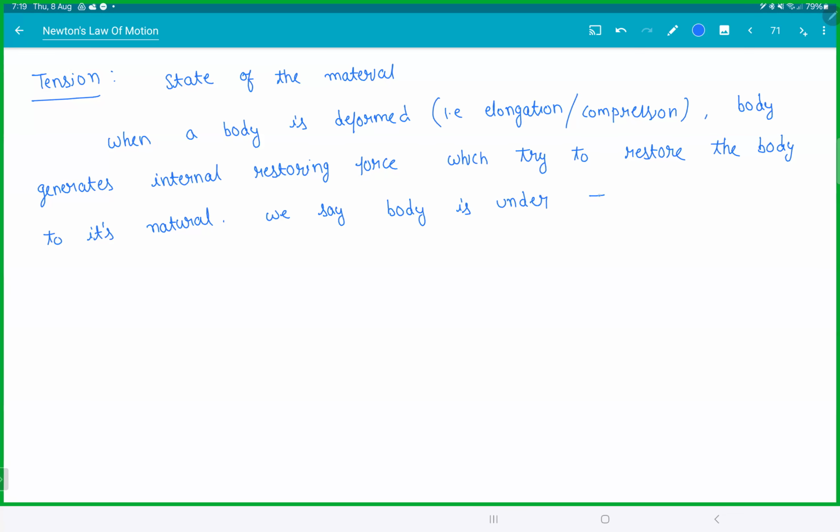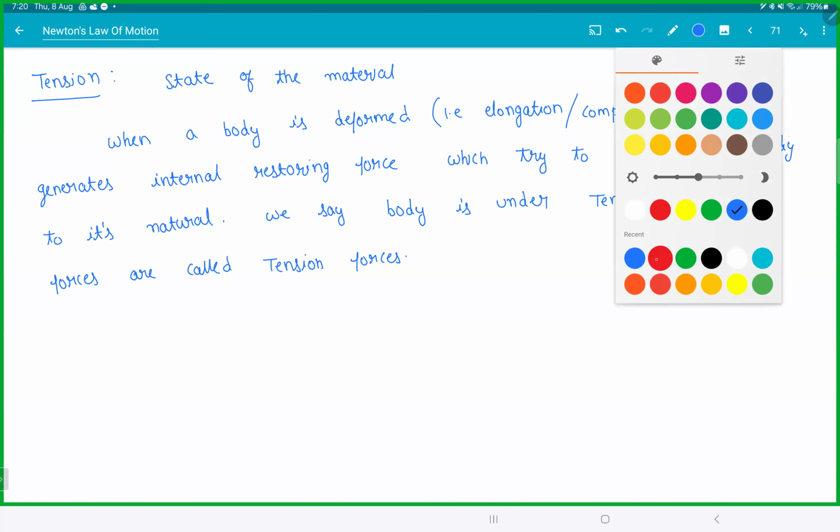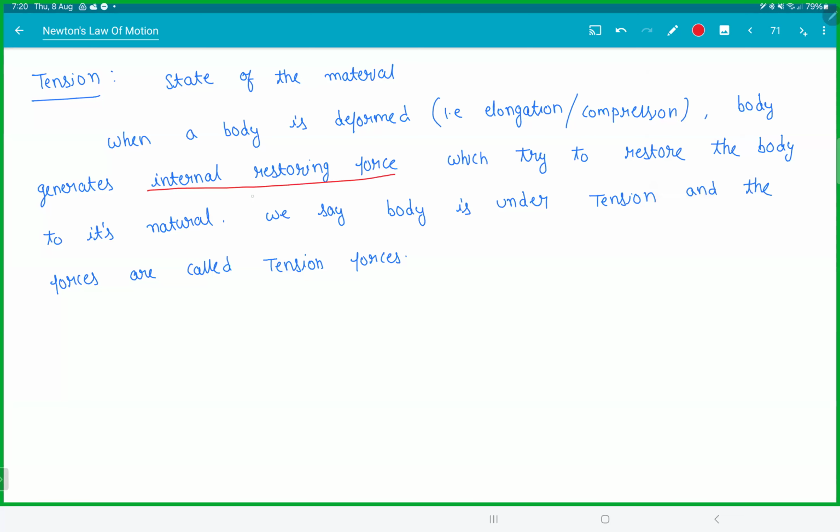We say the body is under tension, but theoretically that's what it means, and these forces are called tension forces. So basically, the internal restoring force is the tension force.